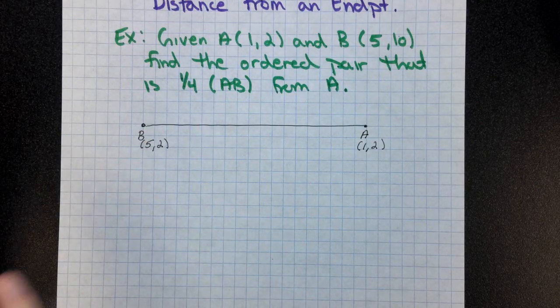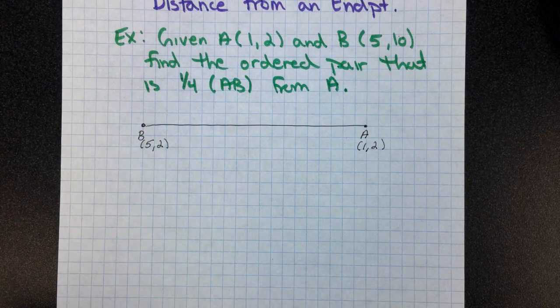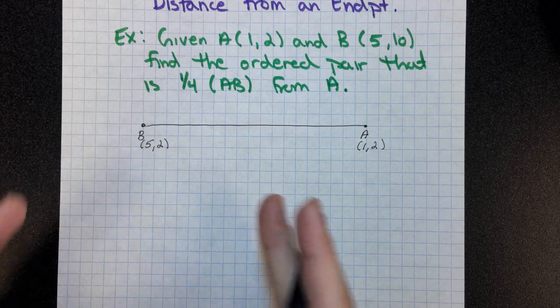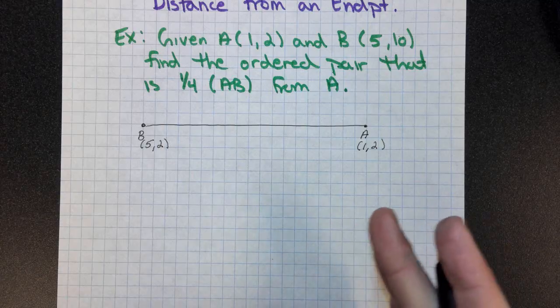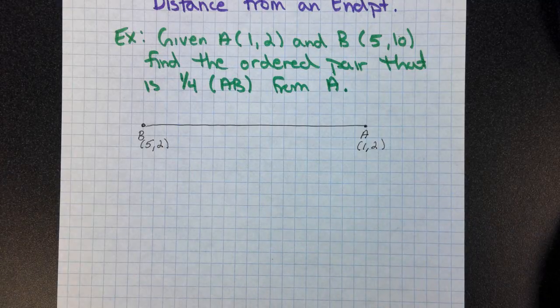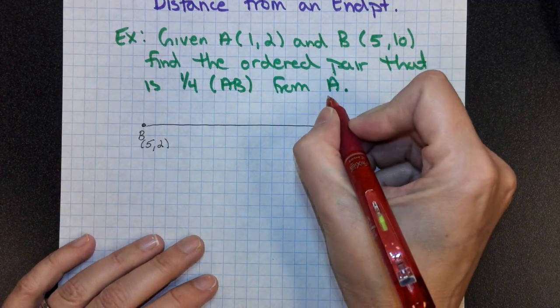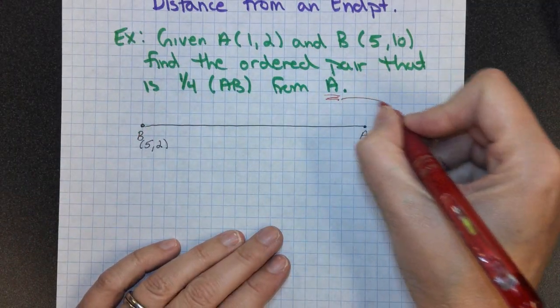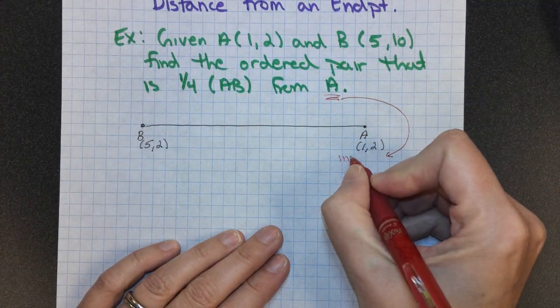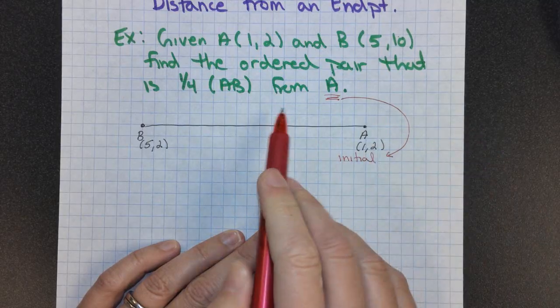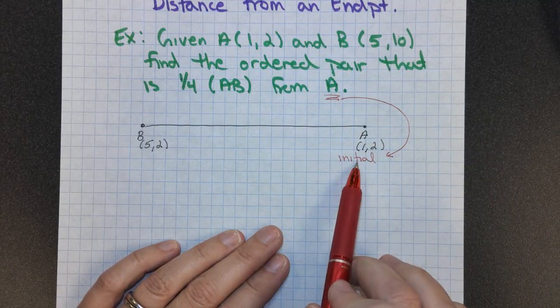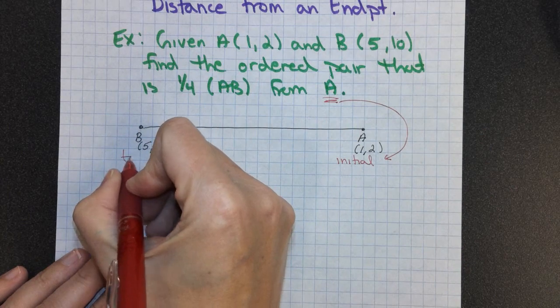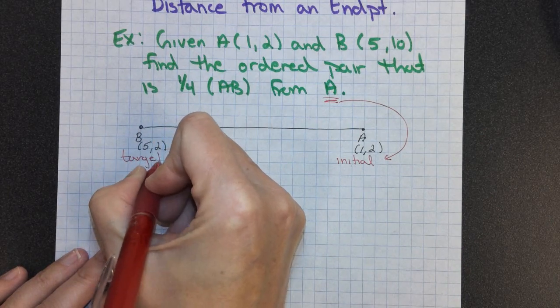I even switched the letters around just to help you out. Because they want to look at the point from A backing upwards, that makes this the initial. Whatever point we're looking at becomes the initial, and this guy is the target.